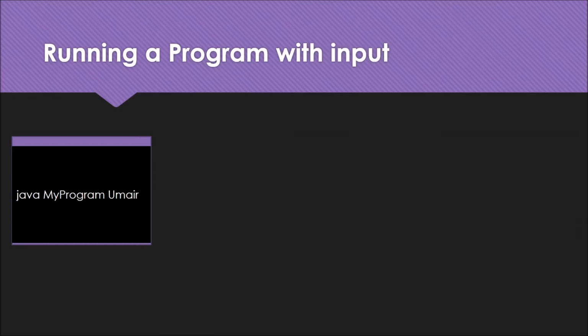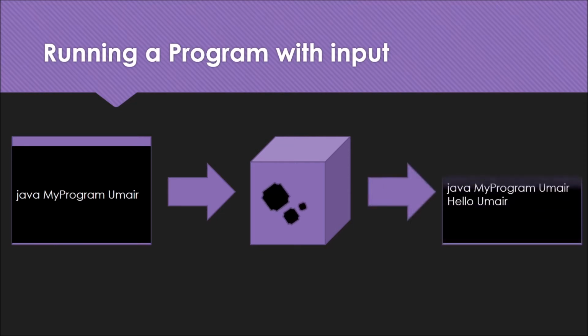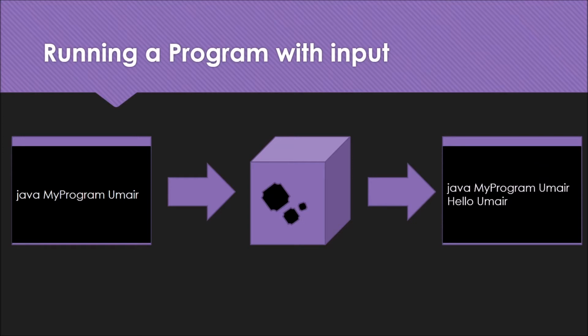Now, if I want to run the same program, but this time I pass it the name Umer as well, I write java myprogram Umer. So Umer is an extra input, which in this case is my name, that I'm giving to the program. And then again, the program will do its execution, but this time it will take Umer into account, and as a result I will have java myprogram Umer. I wrote that, and it says hello Umer.